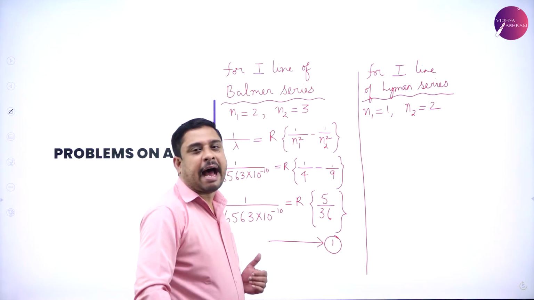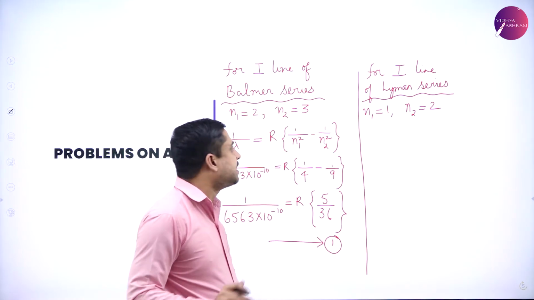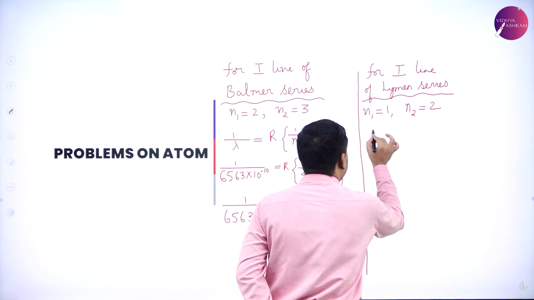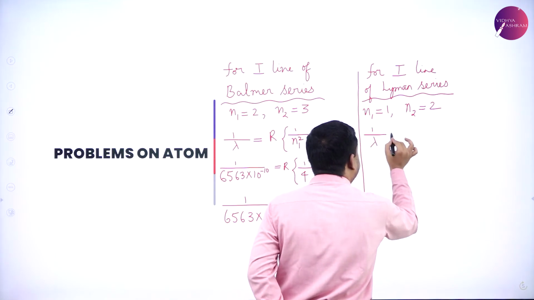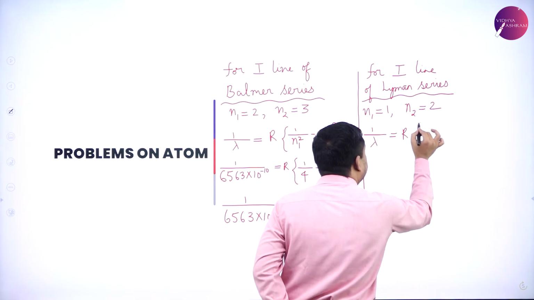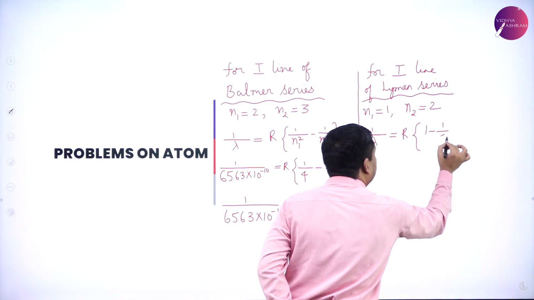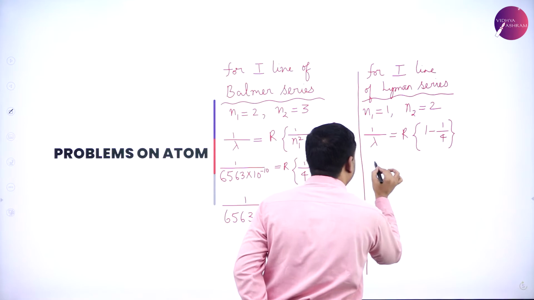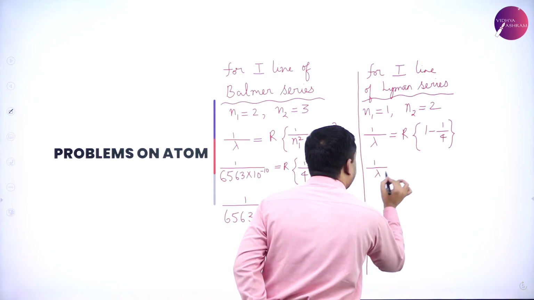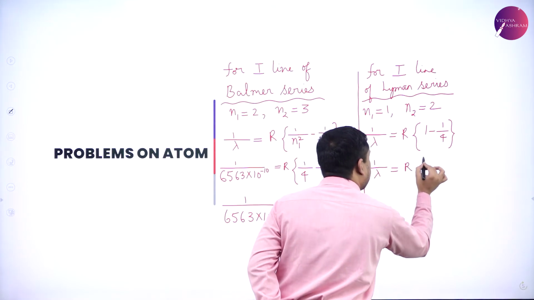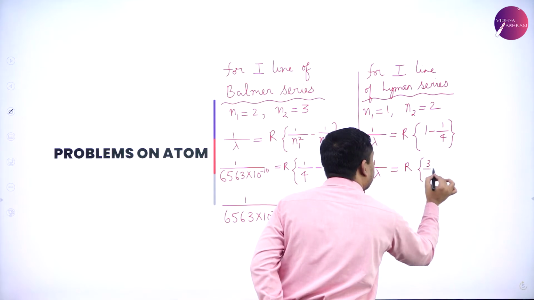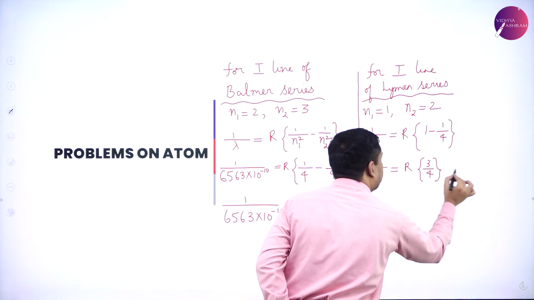Again, lambda has to be calculated in this case. So 1 by lambda is R, 1 minus 1 by 4. 1 by lambda is R, 3 by 4.